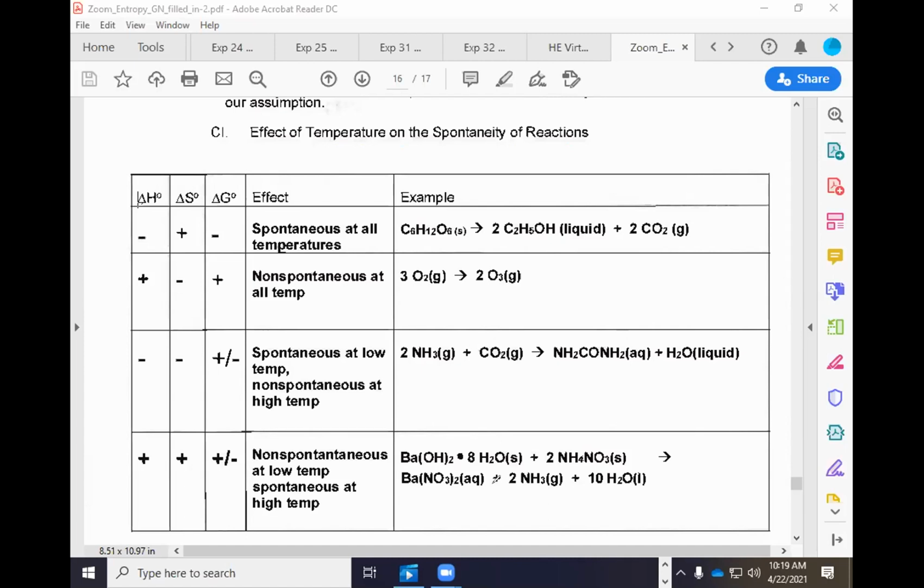So higher temperatures cause the value to become negative, and lower and lower temperatures equal a positive value for delta G. Yeah, for delta G. Here and here. Yeah. Thank you.